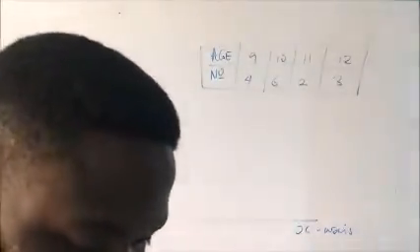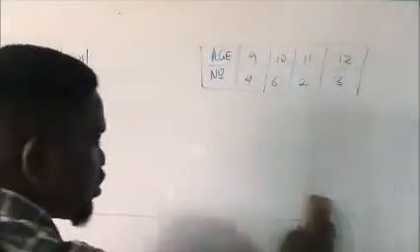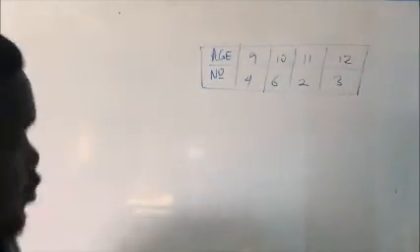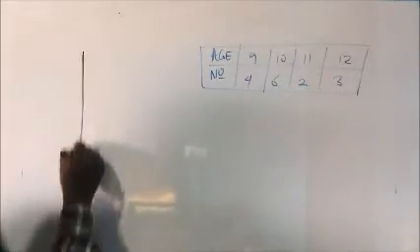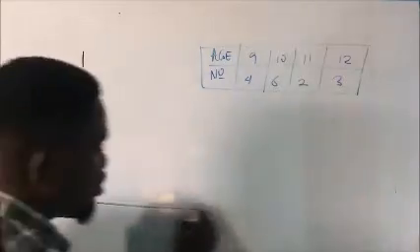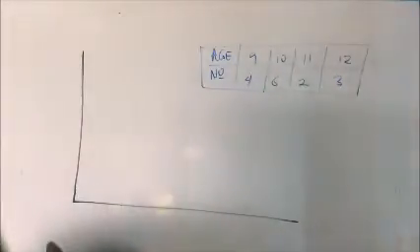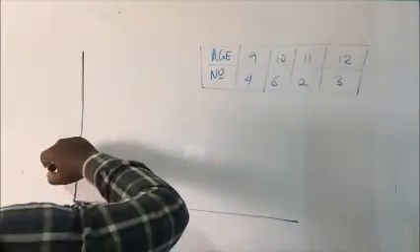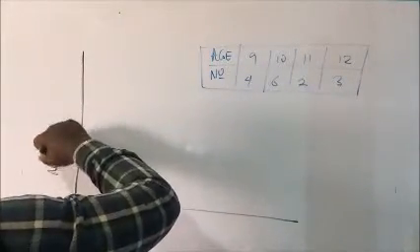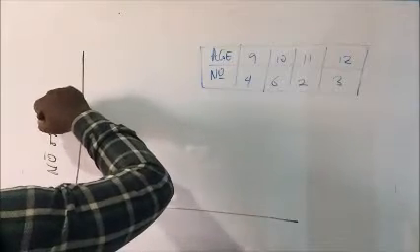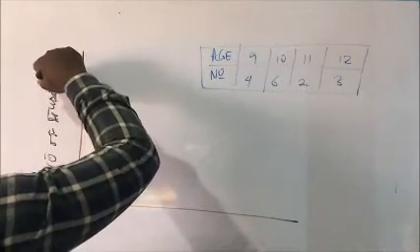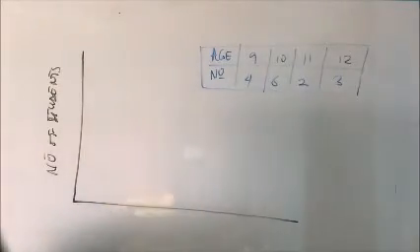It's very simple. Let me start from the beginning. Okay. So I draw my y-axis and I draw my x-axis. Now my y-axis, which is the frequency, becomes number of students.